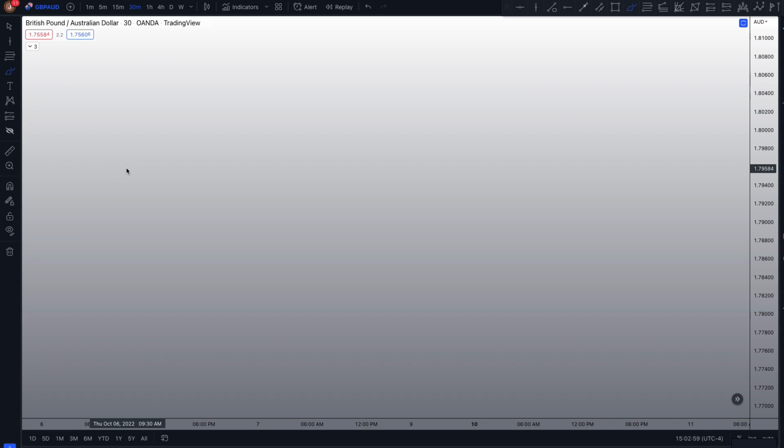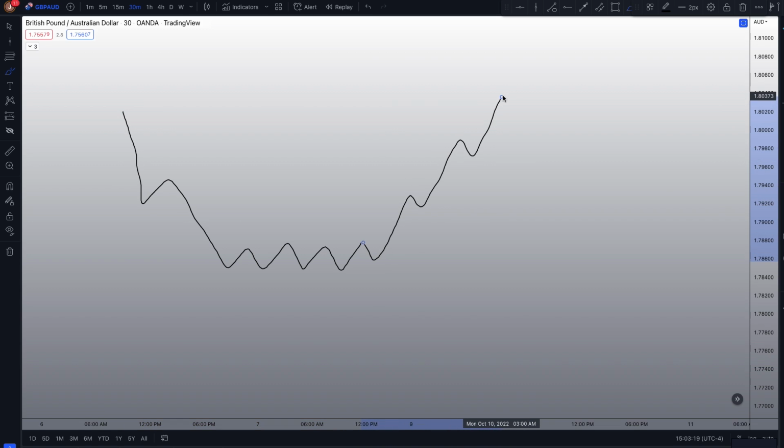Now let me explain the breakdown of what a cup and handle is. A cup and handle consists of three things before the breakout. That is market structure: a downtrend, a base or a consolidation or a range, followed by an up move.